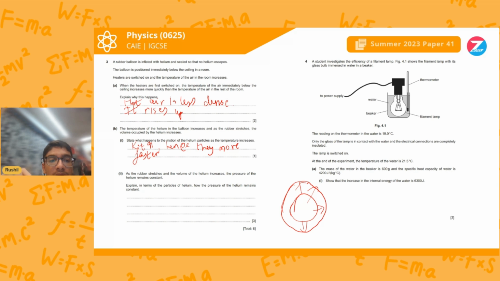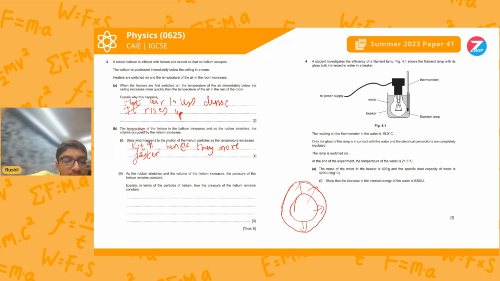However, it's mentioned that the temperature of the helium increases. So as we discussed in this part, as the temperature increases, the kinetic energy increases and they move faster. So if they move faster and they have more energy, they also collide with the walls with greater force. So because of the temperature increase of the balloon, the pressure should increase.